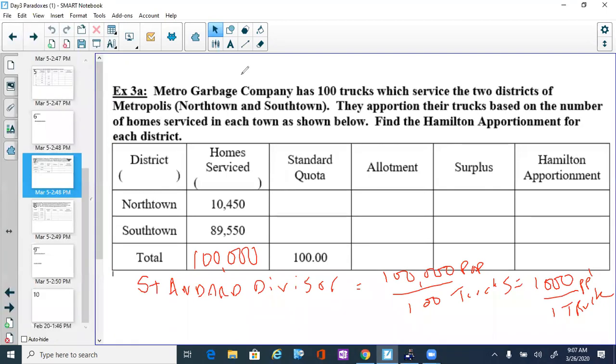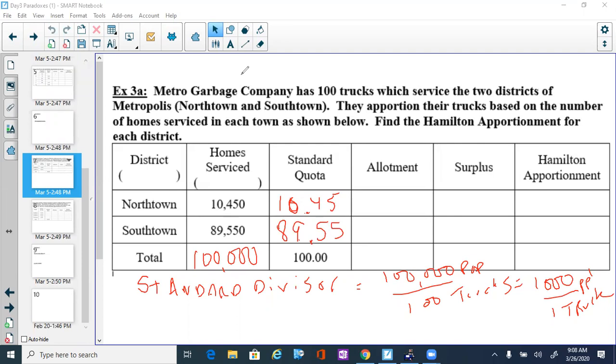You should notice if you're dividing by 1,000, then we should just be moving that decimal place over. So I'm just going to do that. And 89.55, and that sum does come out to be 100.